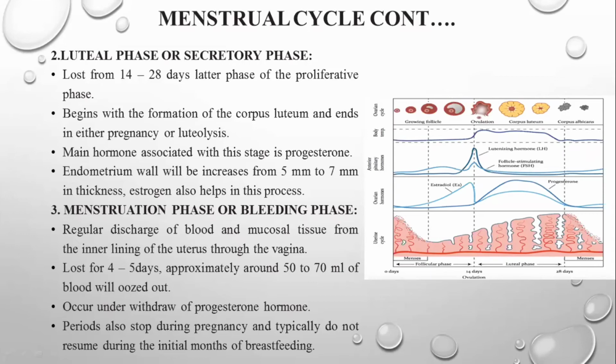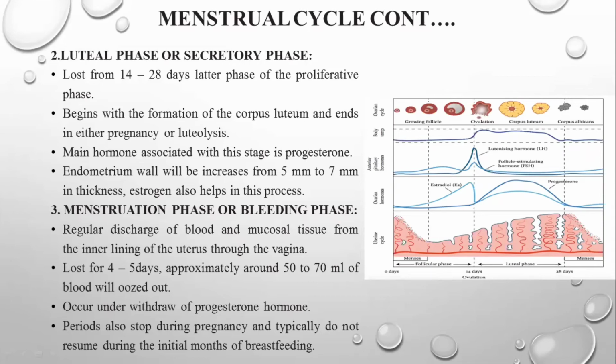Next is our menstruation phase, which we will also call the bleeding phase. What happens? The regular discharge of blood and mucosal tissue from the inner lining of the endometrium of the uterus is thrown out through the vagina with a lot of blood.